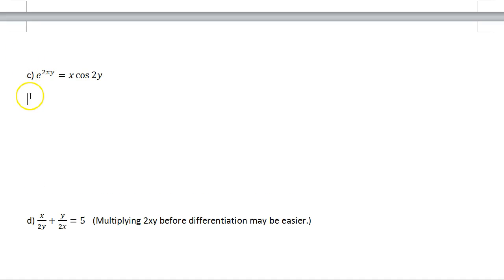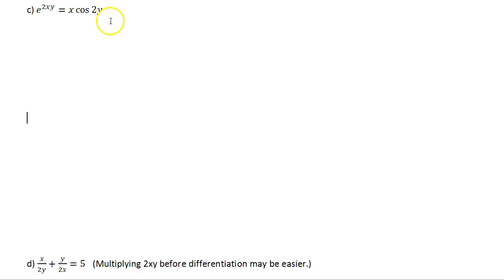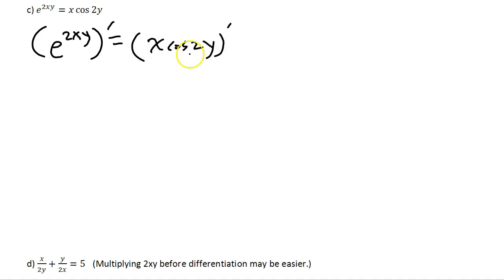Let's try e to the 2xy equals x cosine 2y. Differentiate both sides. And 2xy is inside, so you need to use the chain rule. This one requires a product rule because it's a product of two functions.